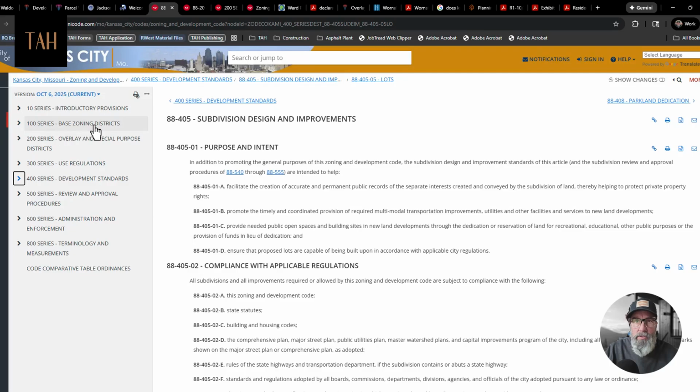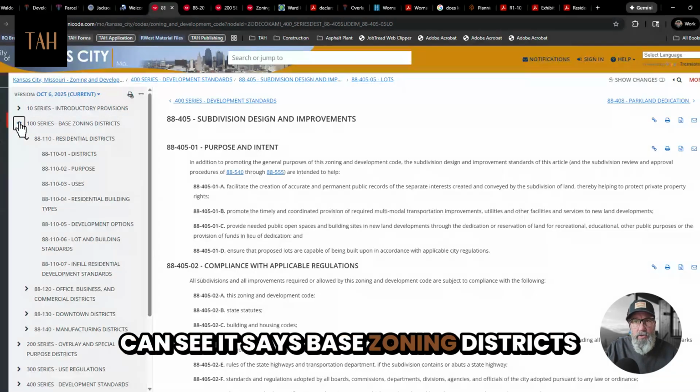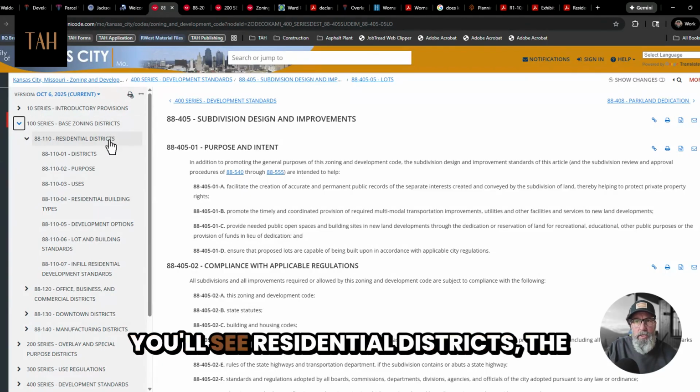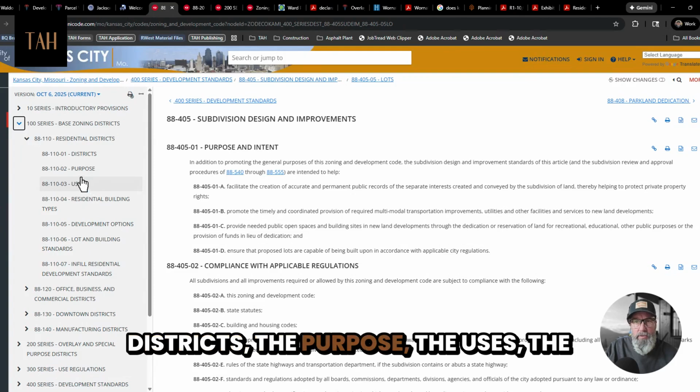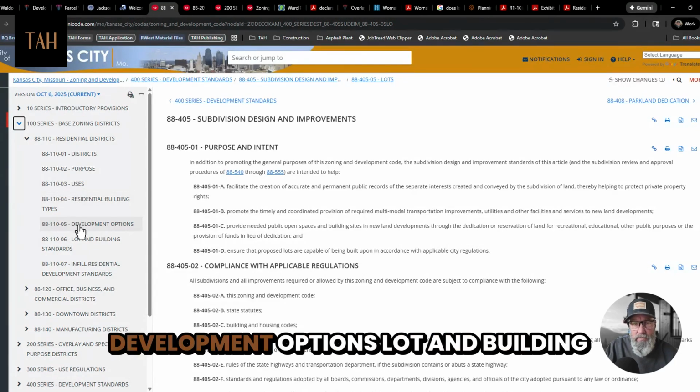So this pushed me here, and right here you can see it says base zoning districts. And if I keep clicking through, you'll see residential districts, the districts, the purpose, the uses, the residential building types, development options, lot and building standards.